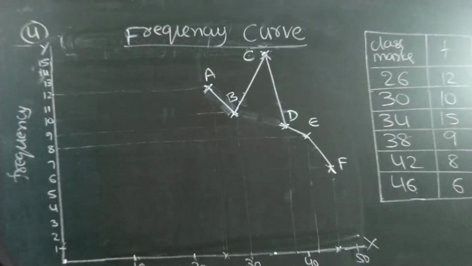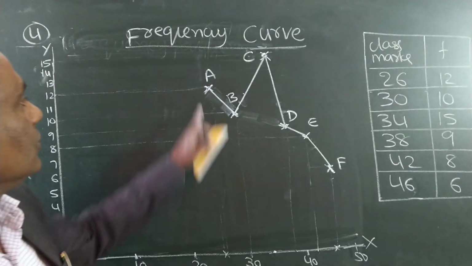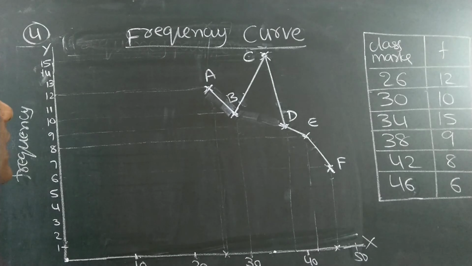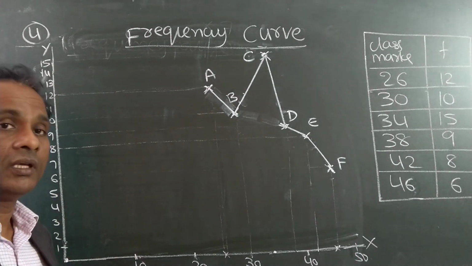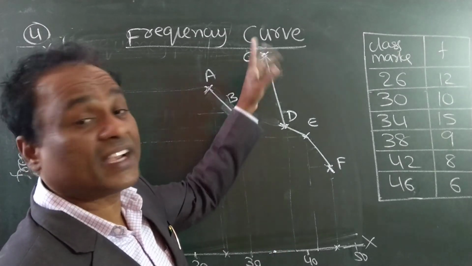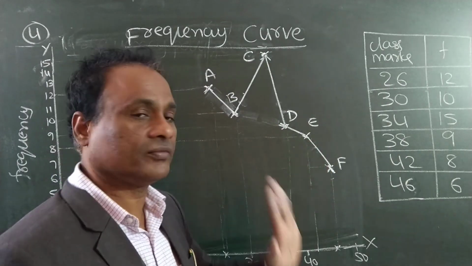C was not visible, so after B I directly went like this. C is there: A, B, C, D, E, F. You correct this.